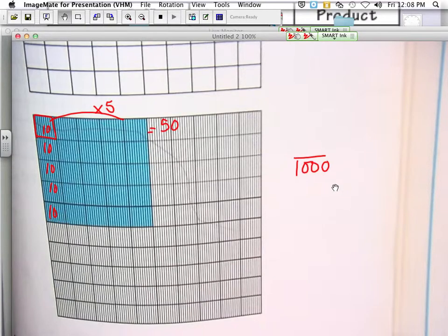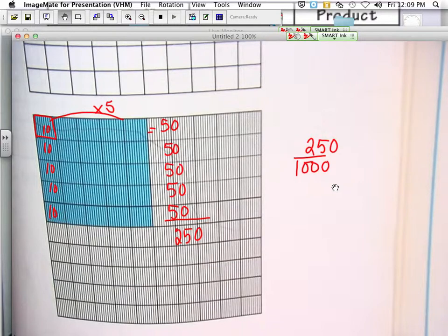So if I do that 5 times, what's 50 times 5? Elise? Roman. So how many are shaded in all? Lindsay? 250 out of the 1,000 squares, right?